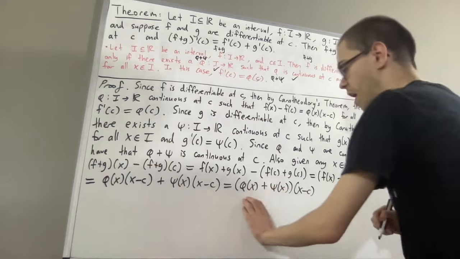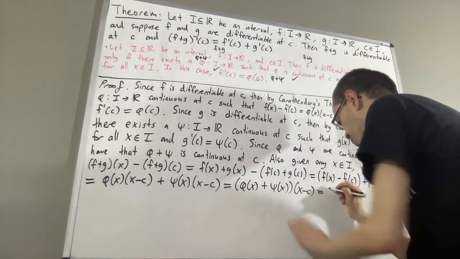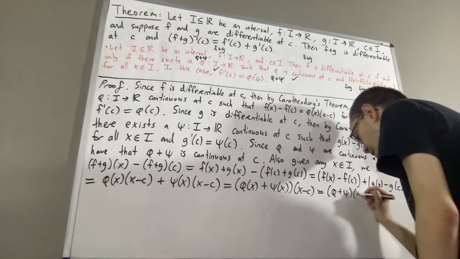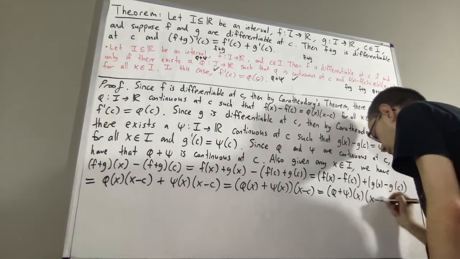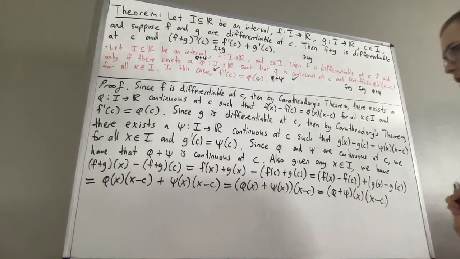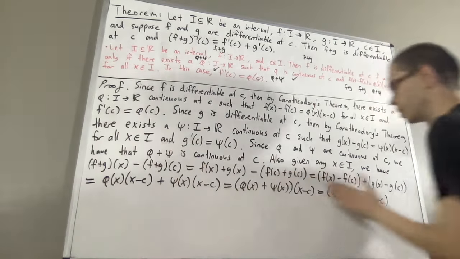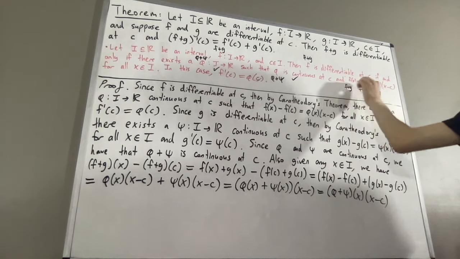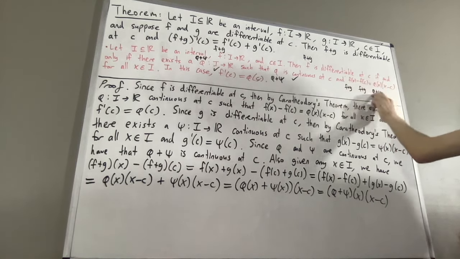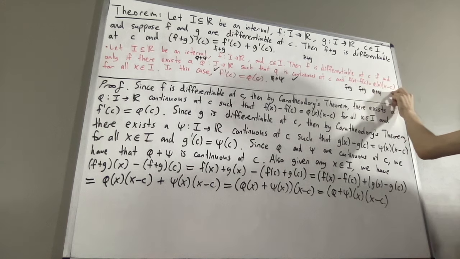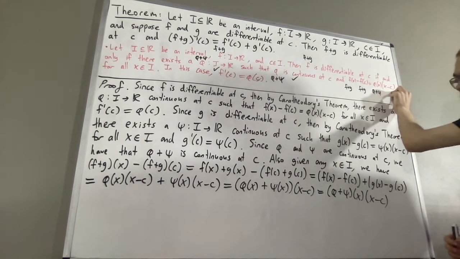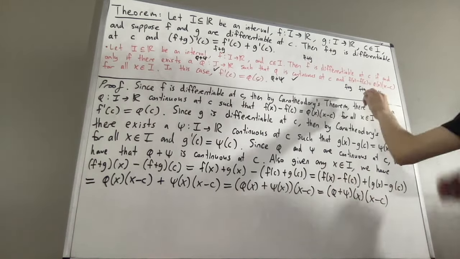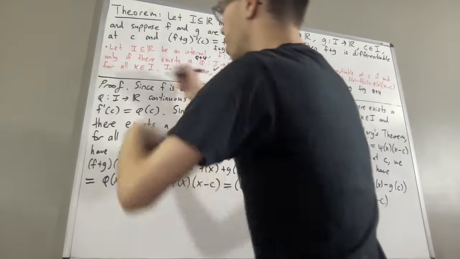But then phi of x plus psi of x is precisely phi plus psi evaluated at x. And that's multiplied by x minus c. And so, through this chain of equalities, we have established f plus g of x minus f plus g of c is equal to phi plus psi of x times x minus c, for an arbitrary x in I. X is arbitrary, so we have established this condition as well.